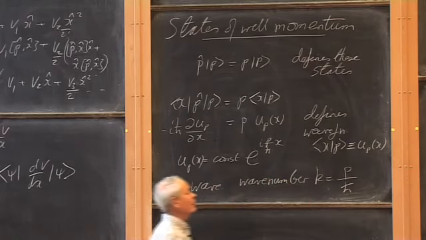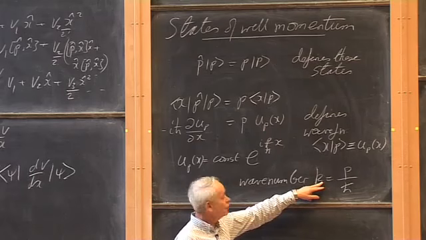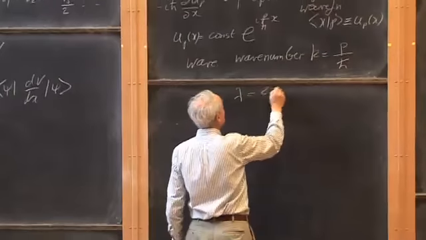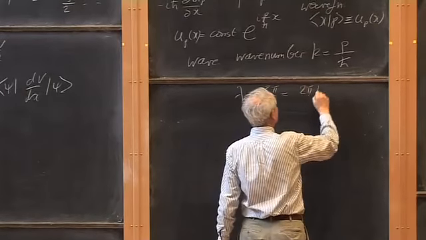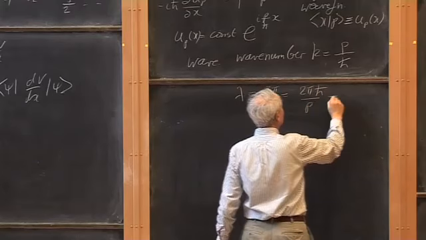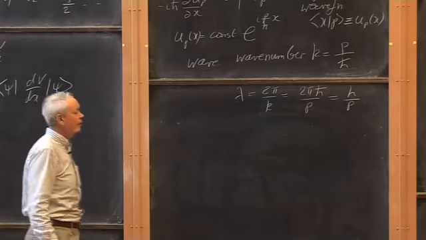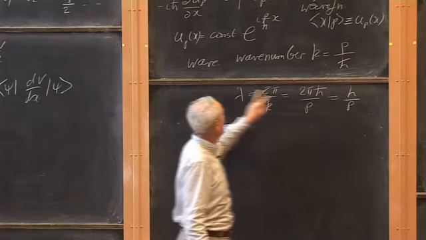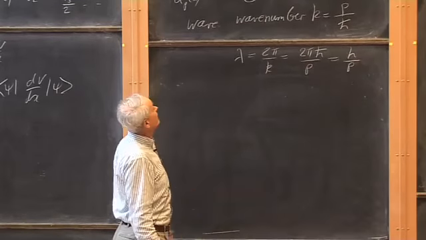Because h bar is incredibly small, typically this wave number is extremely large. And the wavelength, lambda, being 2 pi over k, is 2 pi h bar over p, which is h over p, is going to be very small. The bigger the momentum, the smaller the wavelength. That's obviously crucial for physical applications.